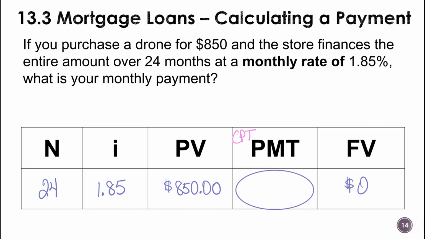So the payment for this drone would be $44.18. That would be your monthly payment, and that's 2 years, right? 24 months would be 2 years, so you would be paying on it for those 2 years. All right, that's the end of section 13.3.